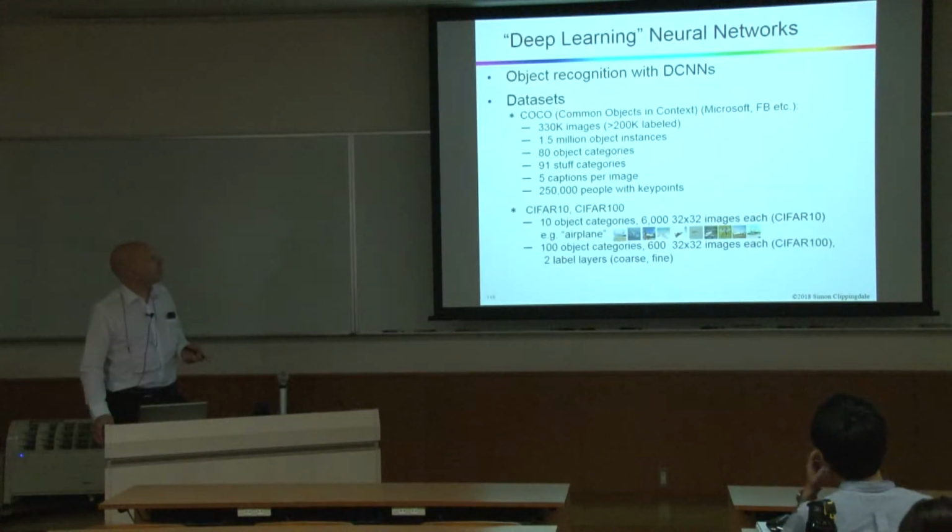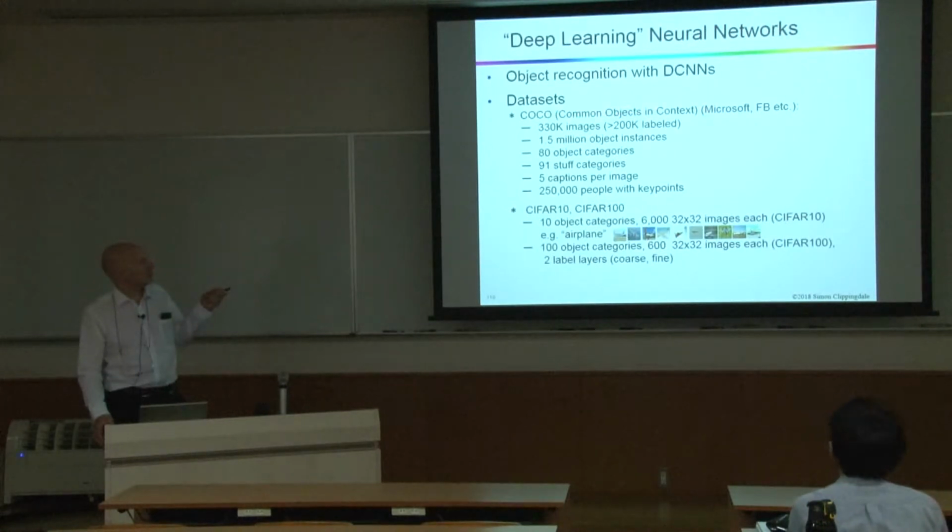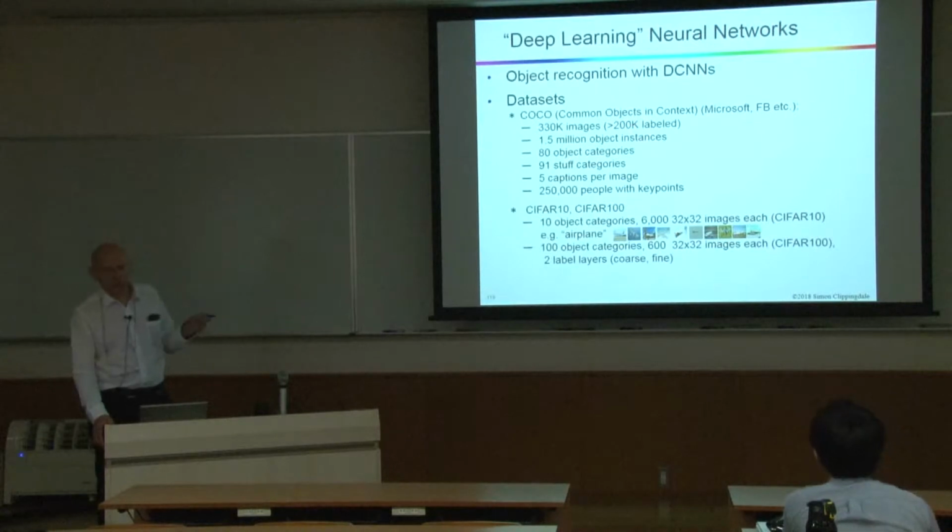Okay, object recognition. There's a thing called the Common Objects in Context, COCO, data set, which people like Microsoft actually originated, and pretty much everyone's now using that. About 330,000 images in there, with about 200,000 of them labeled with whatever's in there.